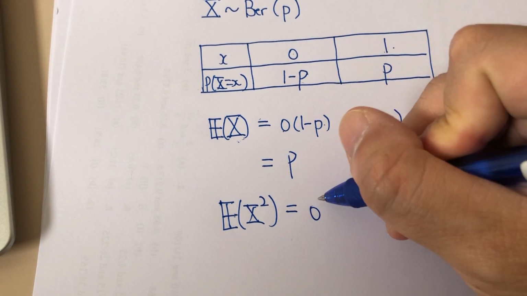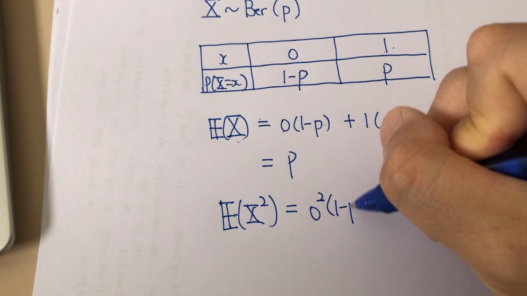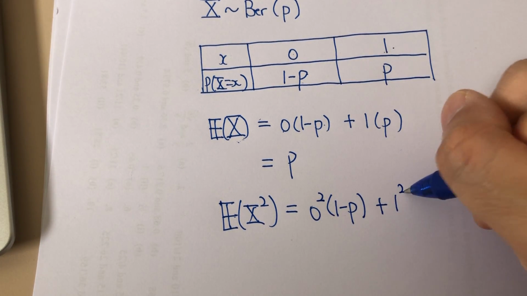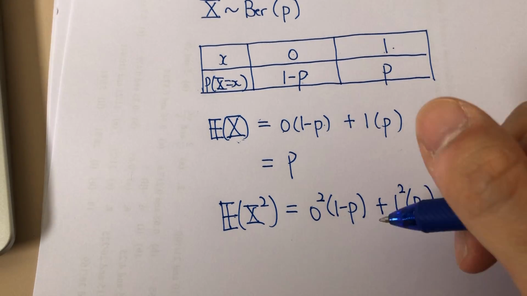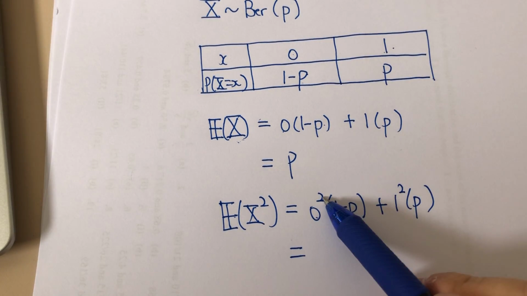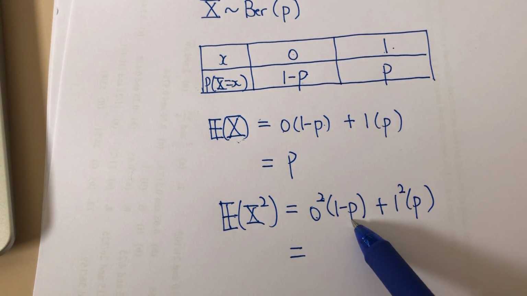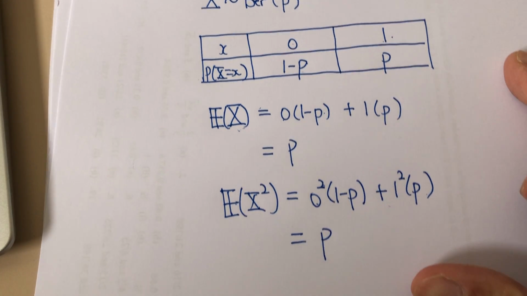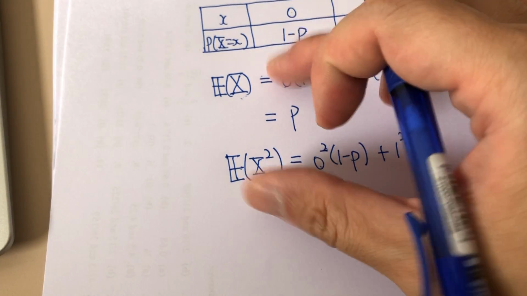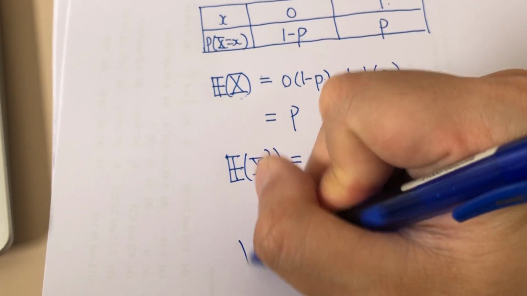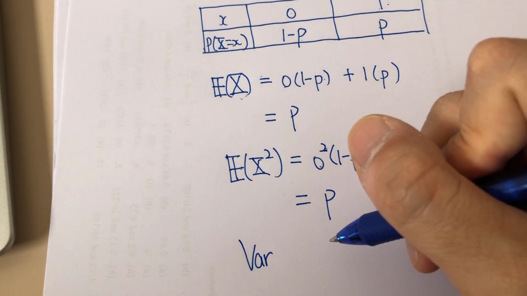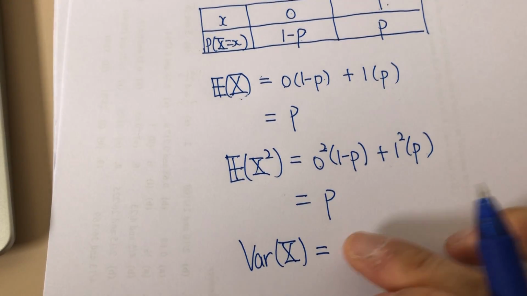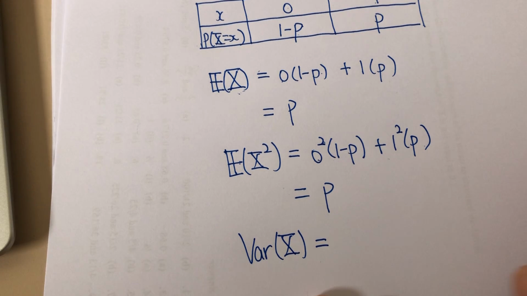That means 0 squared times 1 minus P plus 1 squared times P. What is that? 0 squared is still 0. 0 times anything is 0. Plus 1 squared is 1. 1 times P is P. Oh, it is also P. Now, we've got enough information to find the variance of X. Do you still remember the formula? How to find the variance of X?